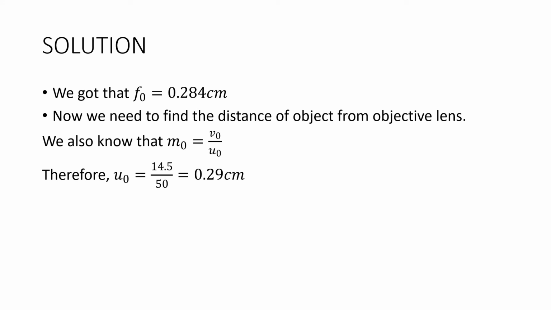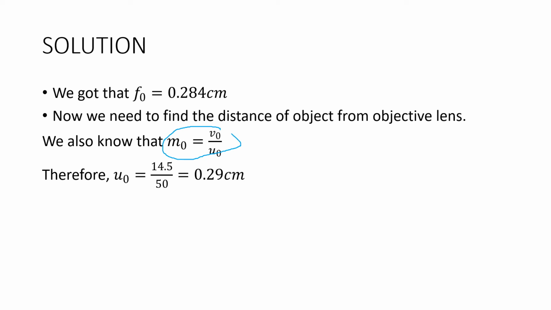Now we need to calculate also UO, as asked. Remember, in the problem they are asking us to find UO, VO, UE, and so on. Therefore, after knowing FO, now we need to find the distance of the object from the objective lens, and we know that M is equal to V, the image distance, divided by U, the object distance.